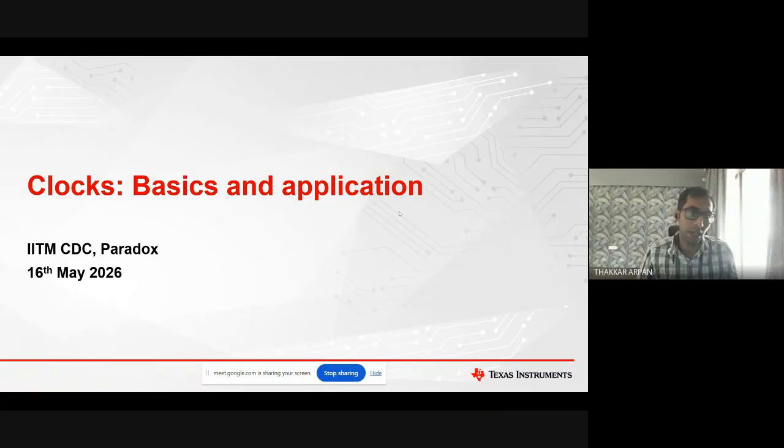There are three basic circuits: one is clocks, one is amplifiers, which are linear circuits, and the third is ADCs. If you see the entire analog world, it revolves around these three basic things. So today I would take you through the very basics of clocks and how they enable different applications.